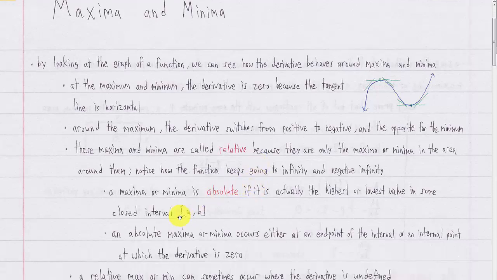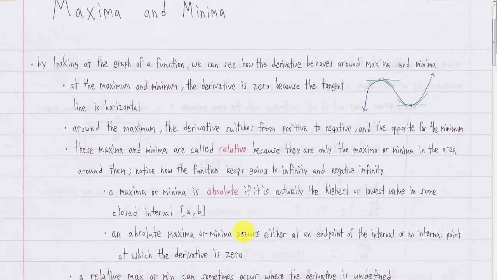Finding an absolute maximum or minimum is a little different than finding a relative maximum or minimum. If you just want to find a relative maximum, then you have to look at where the derivative is equal to 0 and where the derivative changes sign.